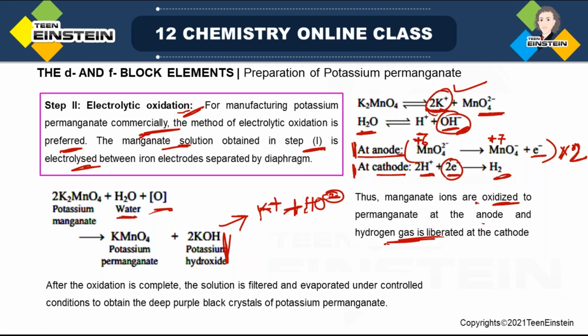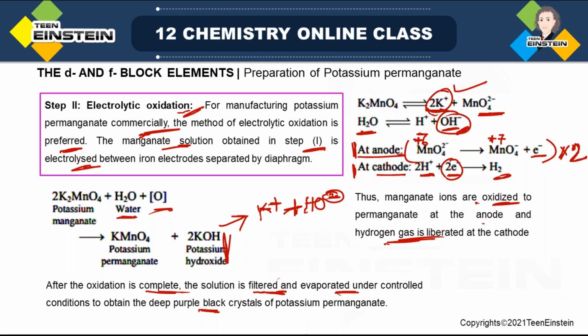Any doubt? After oxidation is complete, the solution is filtered and evaporated under controlled condition so that we can get deep purple black crystals of potassium permanganate. Okay. And why have we done filtration?